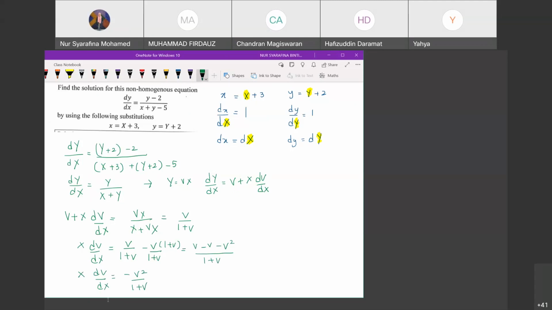All right, can you separate this equation now? Is it separable?